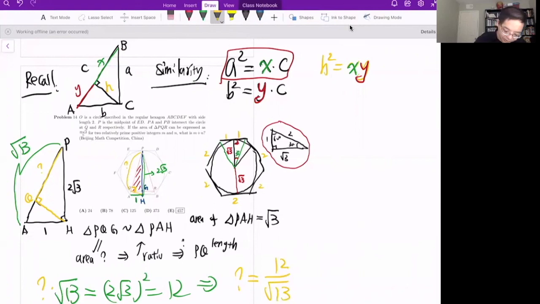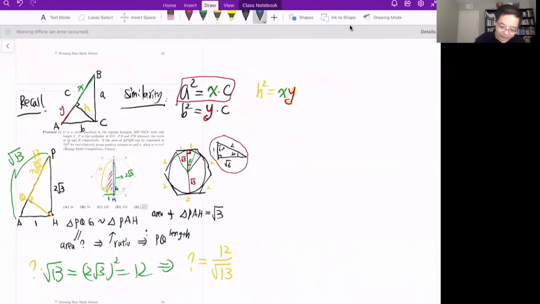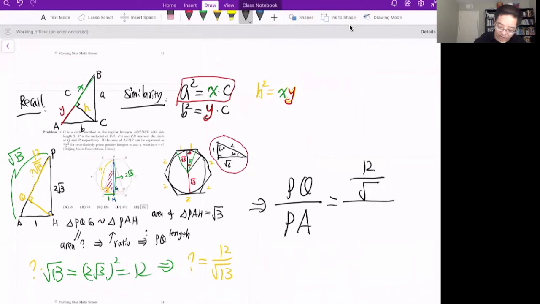Then I get a ratio: PQ over PA equals 12 over the square root of 13 over the square root of 13. So that's 12 over 13, the ratio between these two triangles.